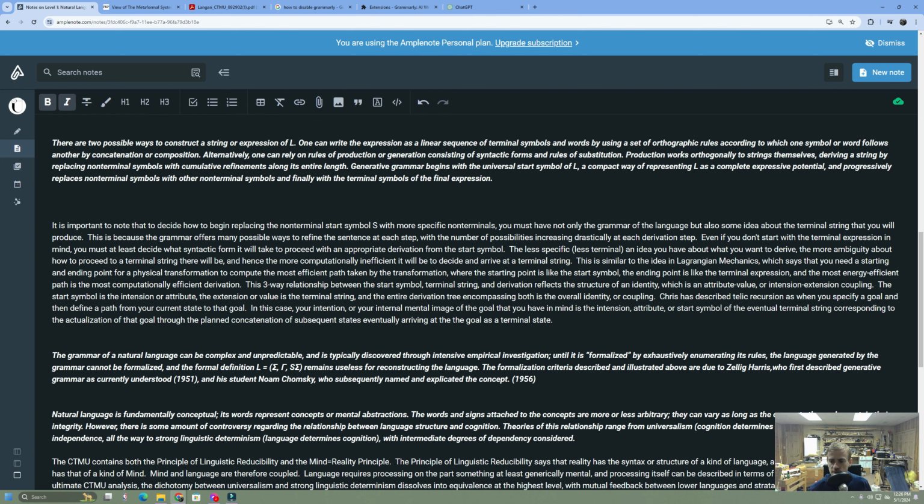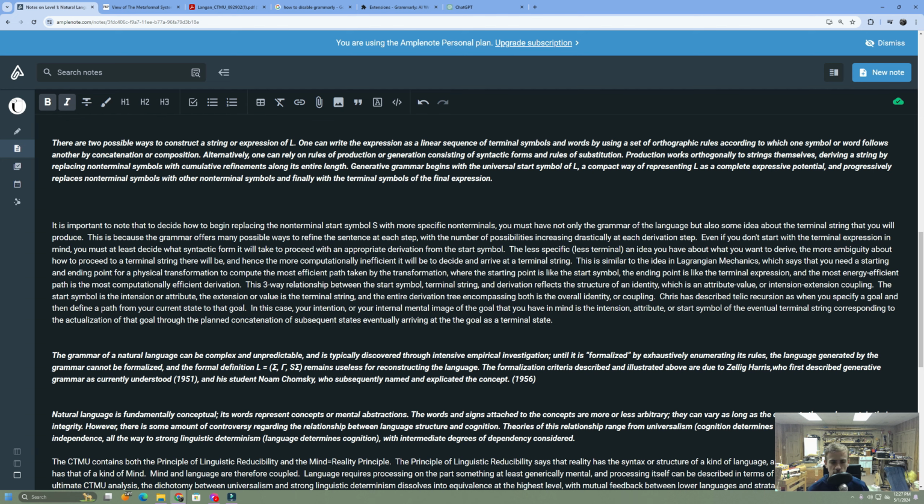And this is similar to how Chris talks about telic recursion sometimes. For example, he says that in telic recursion, you basically take your current state, and then you define some goal that you want to achieve, and then you work backwards from that goal and define a path from your current state to that goal.